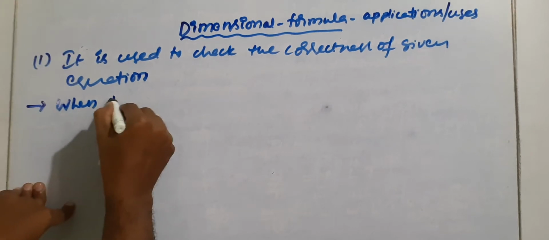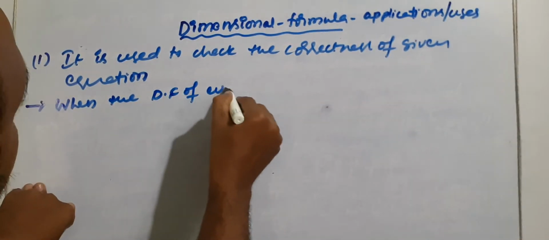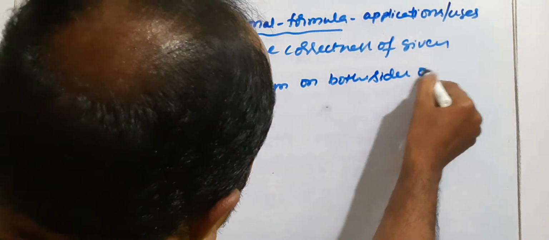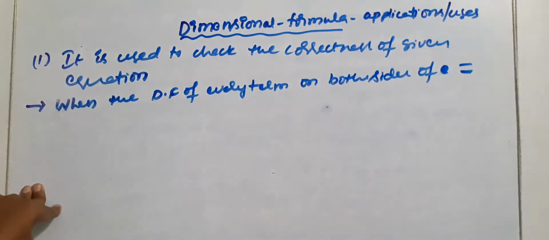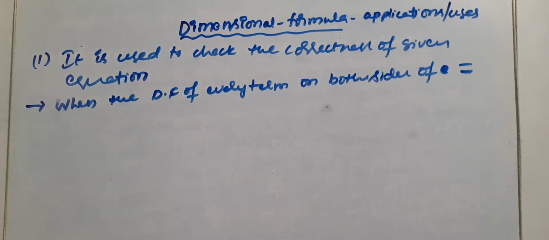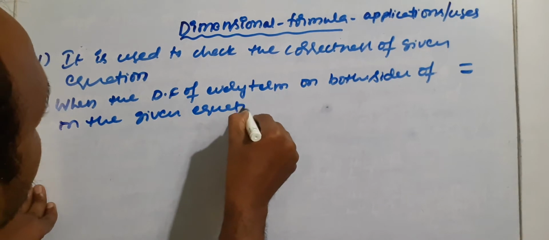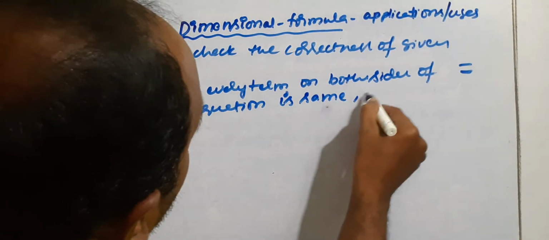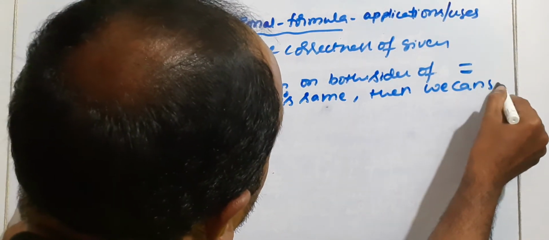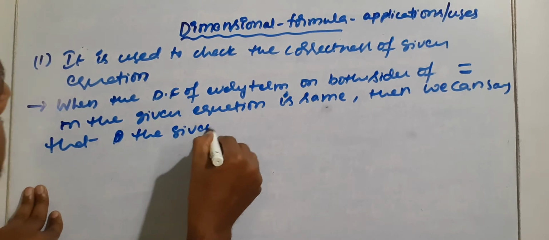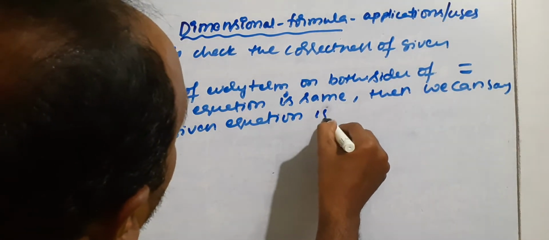When the dimensional formula of every term, that is every quantity, on both sides of the equal sign in the given formula or equation is the same, then we can say that the given equation or given formula is correct.